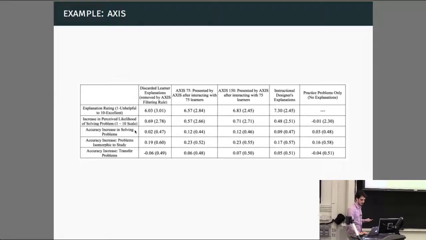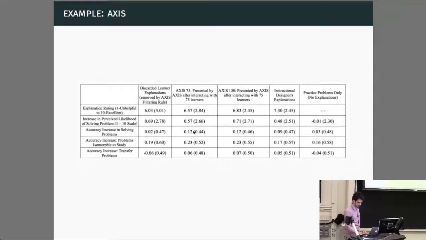What's maybe more informative is how well it actually helps the students, or these crowd workers, solve problems, right? So the perceived helpfulness is increasing, but how does it actually affect their problem-solving ability? That's what's shown in this third row.